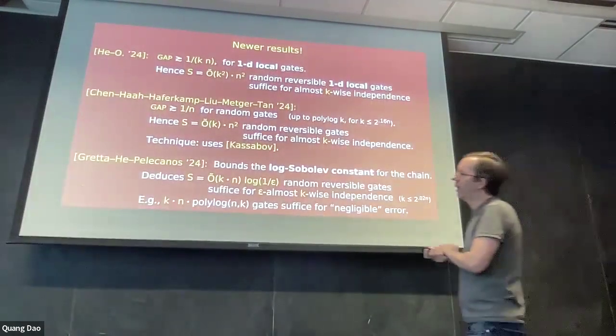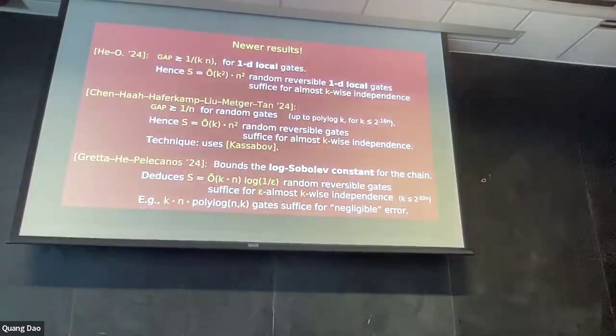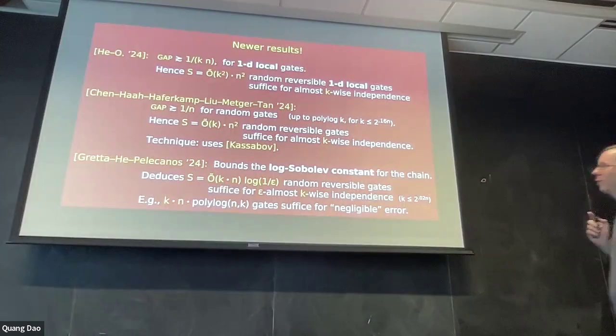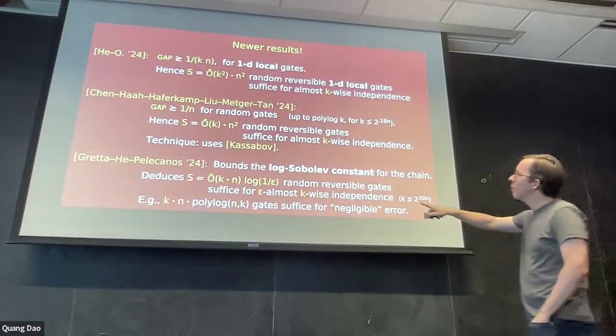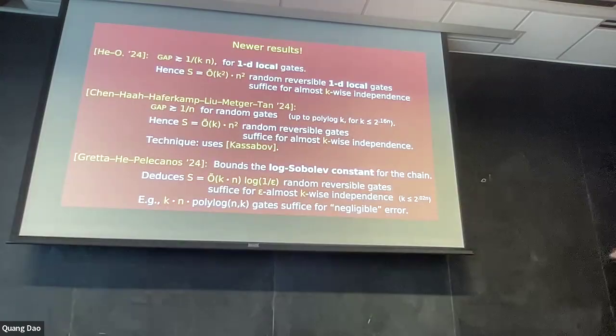William, Lucas Greta and Los Palacanos addressed your question. With this modern world, we have smarter methods to analyze mixing time than spectral methods. And so they found the log Sobolev constant for this chain.